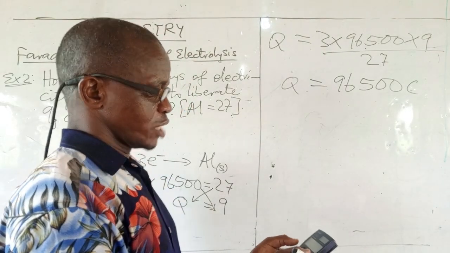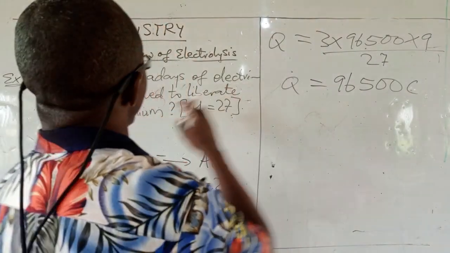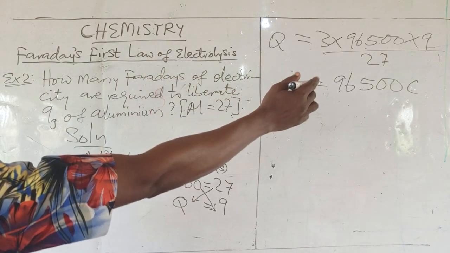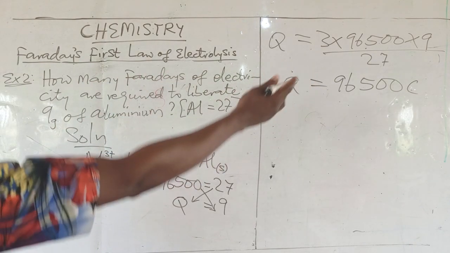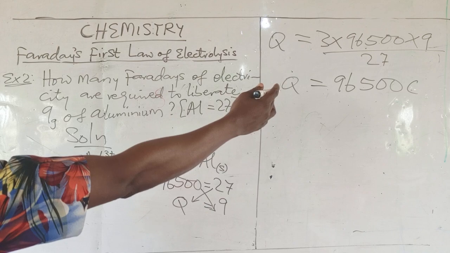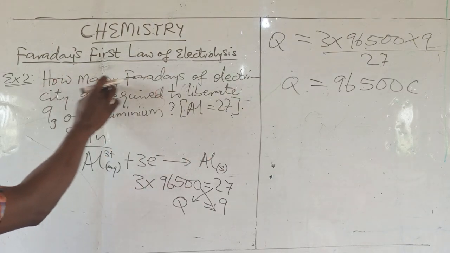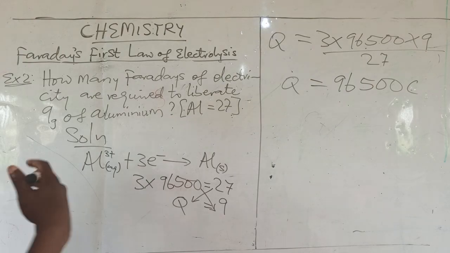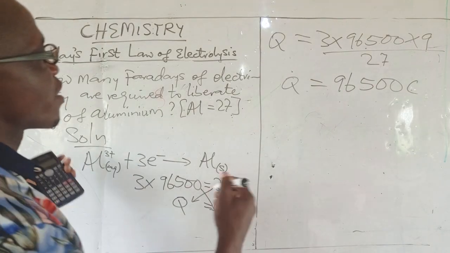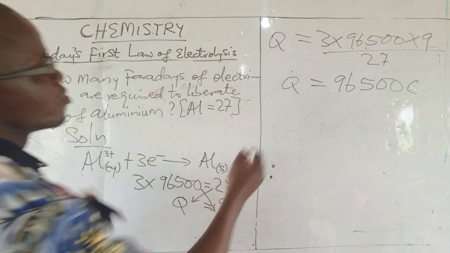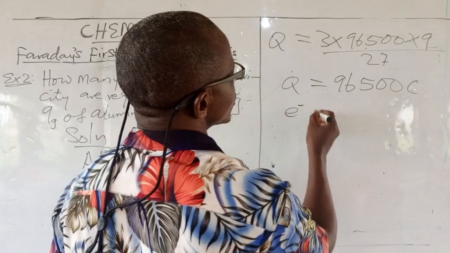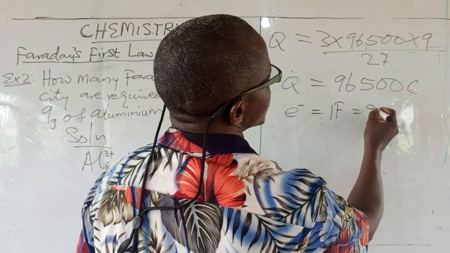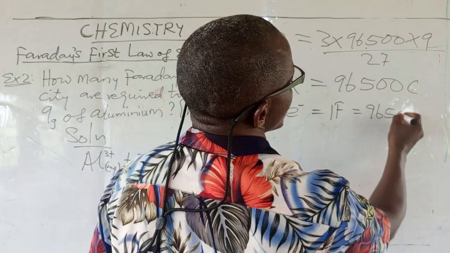And what does the question say? If you check, the question says how many Faradays, but I am getting a quantity. What I have there is quantity, but they are asking me for Faradays of electricity. Remember, I told you that 1 mole of e minus equals 1 Faraday, which is equal to 96500.